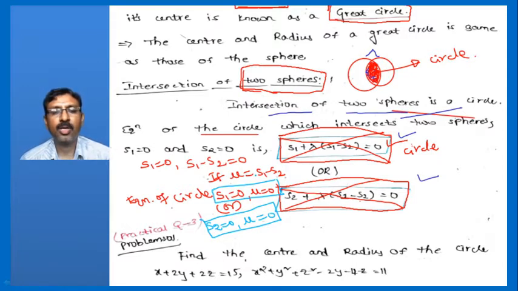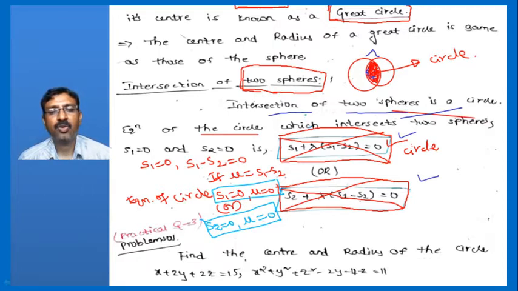These two formulae are used to find equation of a circle formed by two spheres. So generally in three-dimensional geometry, a circle is denoted by an equation of sphere and a plane. Why? Because a plane intersects a sphere, the intersection area will be a circle.